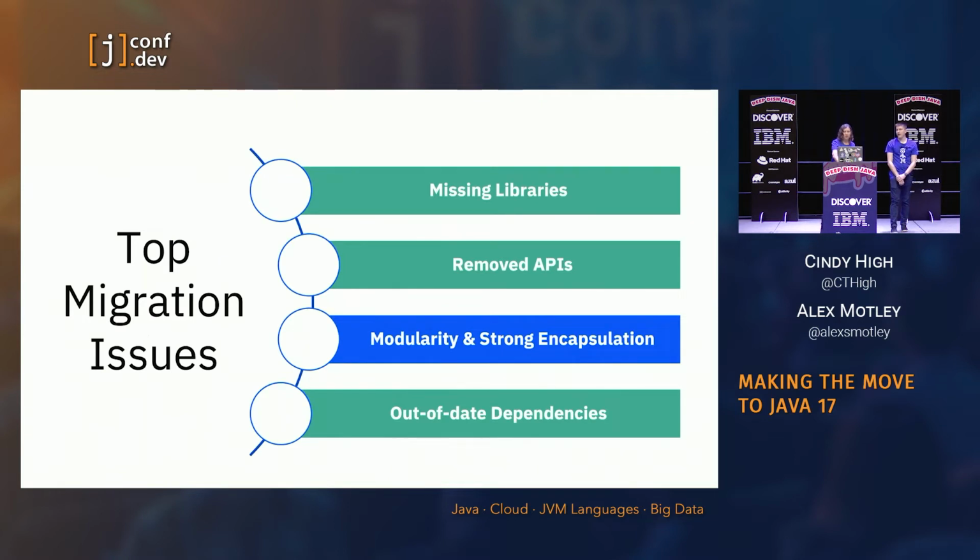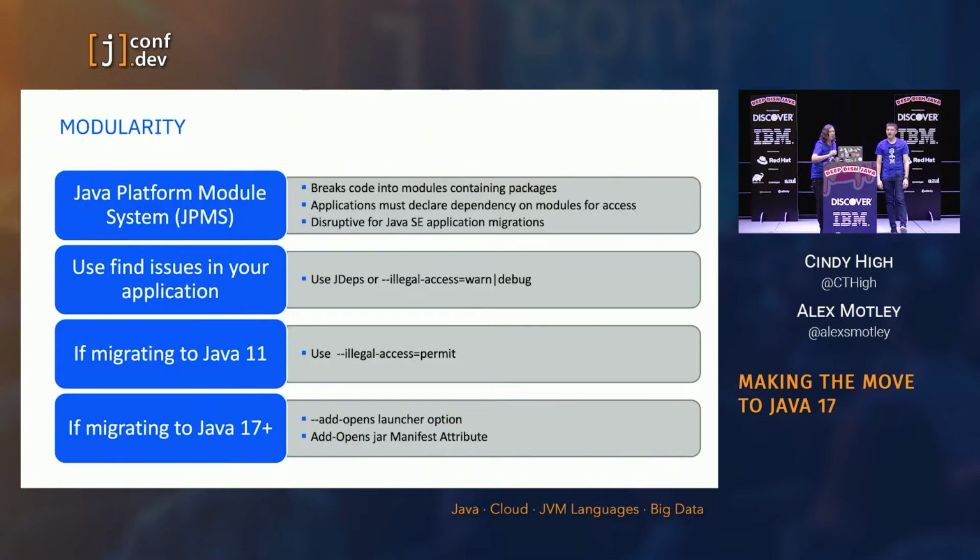All right. So now we're going to talk about modularity and strong encapsulation. Some of you may be aware, starting after Java 8, the Java Platform Module System, or JPMS, was introduced. This was a way to try and introduce some modularity to the Java language.